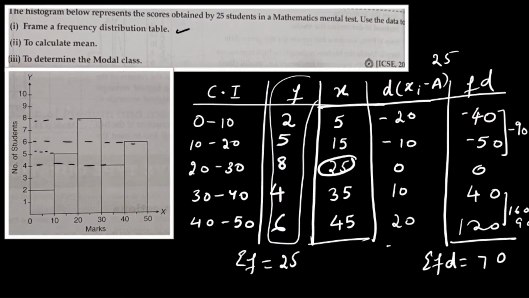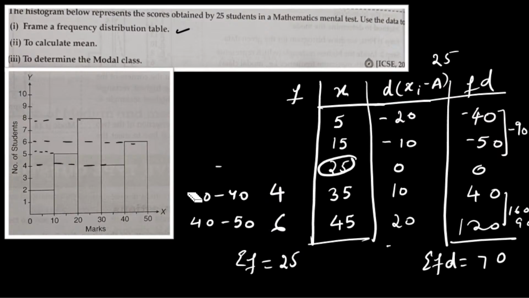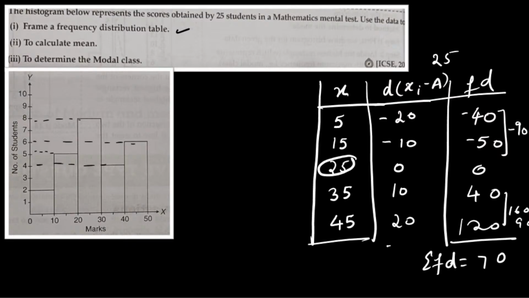Now we can find the mean. I'm just going to clear this table. We have found the values of sigma f and sigma fd. So mean x bar is equal to a plus sigma fd by sigma f.